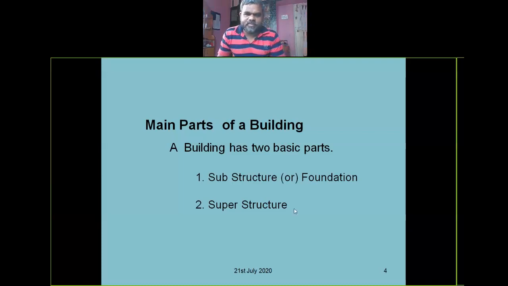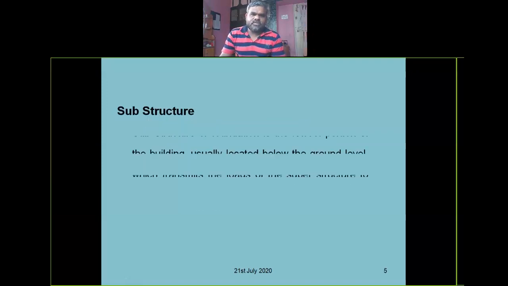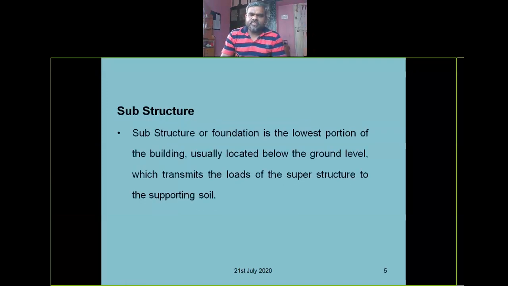I already said the three basic points, the basic classification. Substructure, our foundation, is the lowest portion of a building, usually located below the ground level, which transmits the loads of the superstructure to the supporting soil.